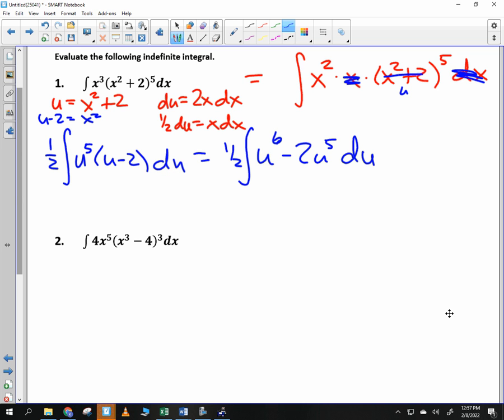If we multiply by 1/2, we're going to get u to the 7th over 14. Minus, what's the antiderivative of 2u to the 5th? 2u to the 6th over 6. Yeah, because we multiply by the 1/2, the 2 is going to go away, right? So we get u to the 6th over 6 plus a constant.